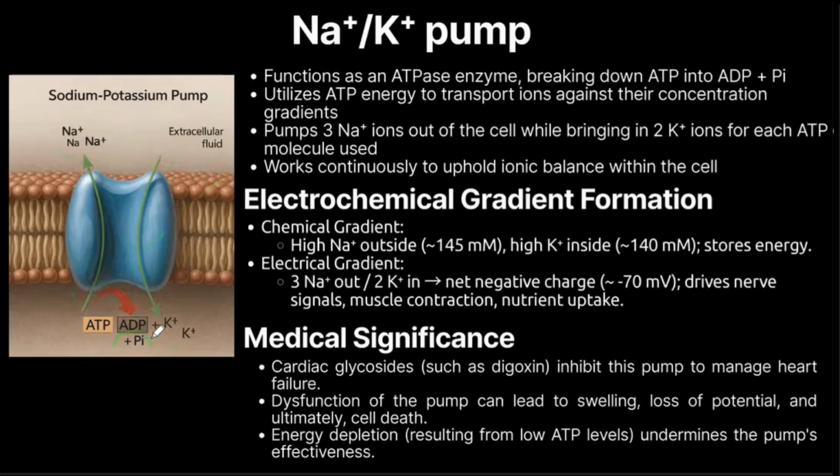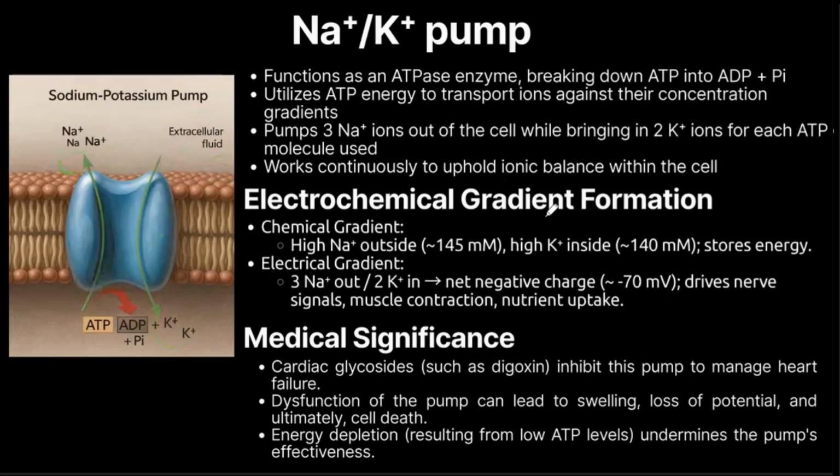So that is how energy is utilized in this case, to basically pump out 3 Na+ to the outside of the cell, while 2 Ks go inside the cell. And the purpose is to continuously do this to maintain a sense of ionic balance. And that's what is going to allow for what we call the electrochemical gradient.